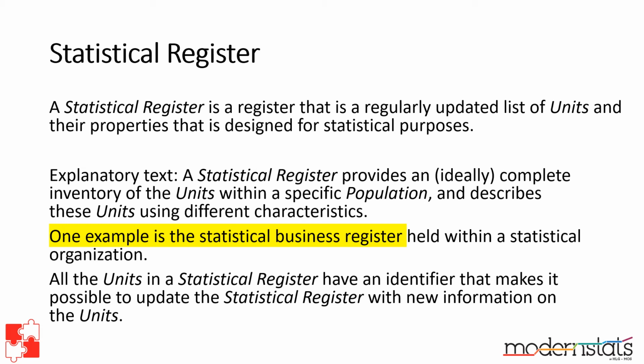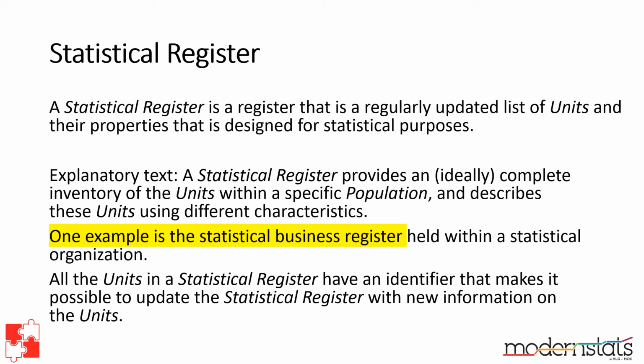A statistical register is a regularly updated list of units and their properties designed for statistical purposes. A statistical register provides an ideally complete inventory of the units within a specific population and describes these units using different characteristics.